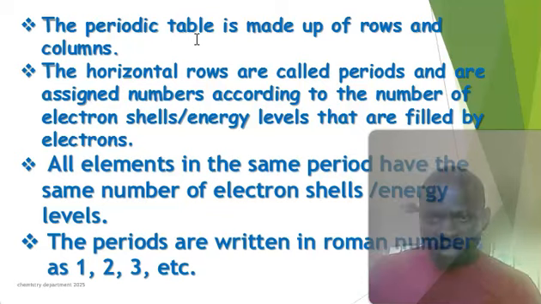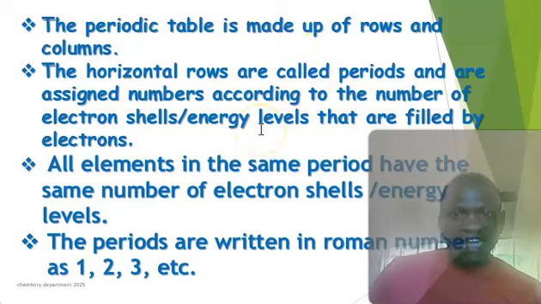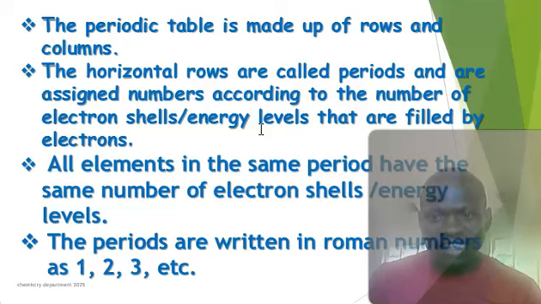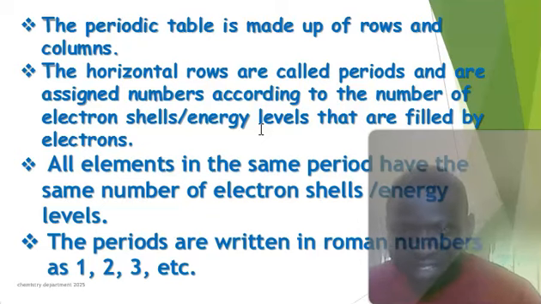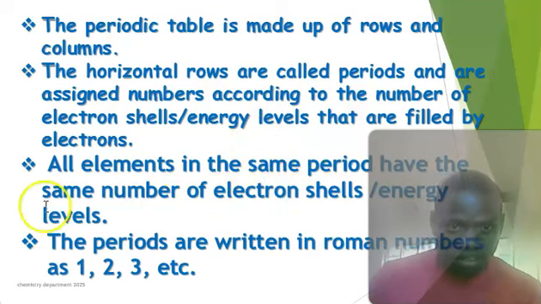As you saw on the periodic table on the link, you observed the different rows, and those rows are called periods depending on the number of quantum shells. All elements of the same period have the same number of electron shells or energy levels. The periods are written in Roman numerals, actually Roman numbers, as 1, 2, 3, etc.